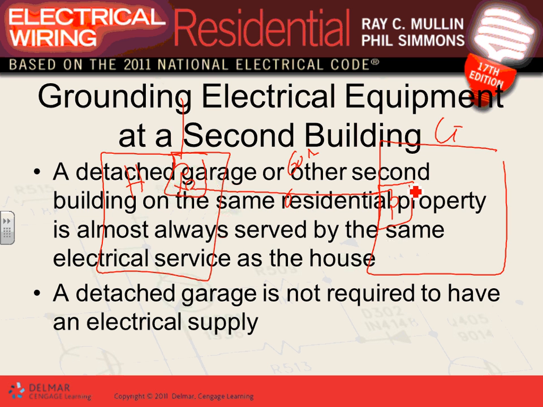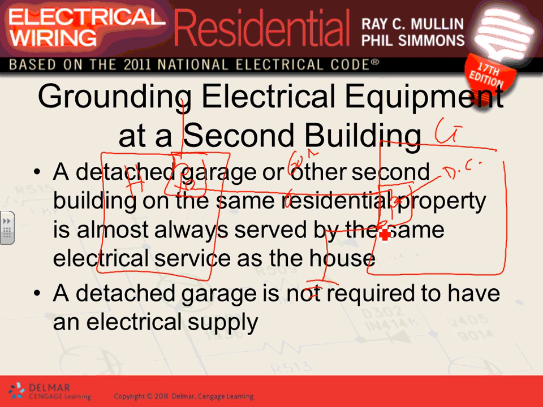Rule number 1, you have to have a disconnect. Circuit breaker, must. Rule number 2, you have to have a grounding electrode system. So you have to go there, dig a ground rod right next to the second building, and ground the box, only the box, with that ground rod.